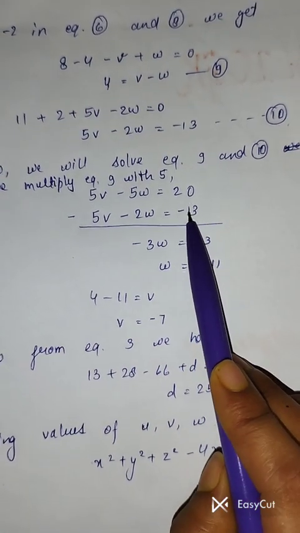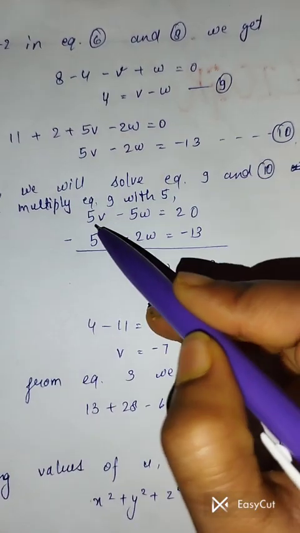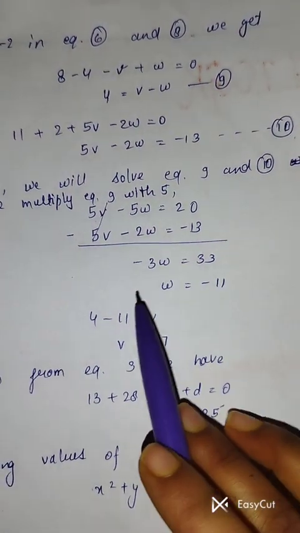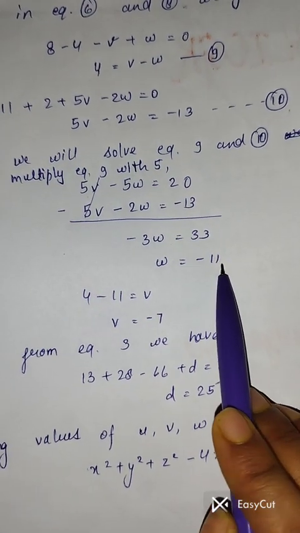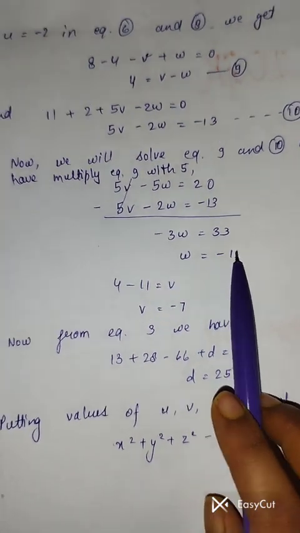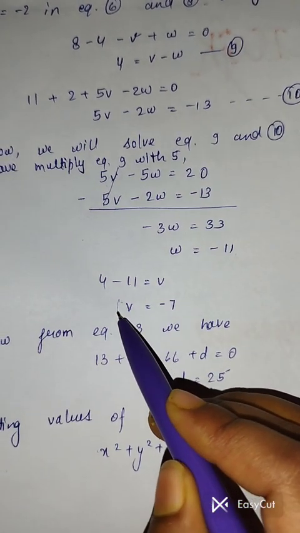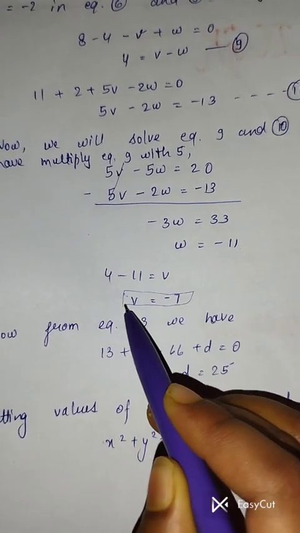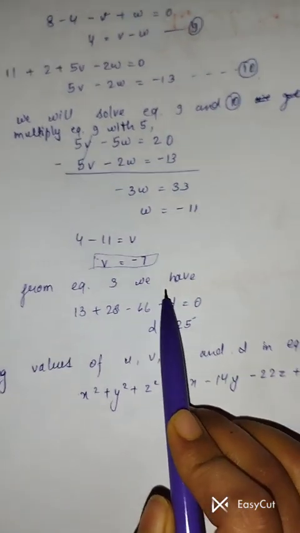We subtract these both equations, so the v will be eliminated, and we will get the result as w is equal to minus 11. Now we will put this value in equation number 9, and we have got the value of v, that is minus 7.